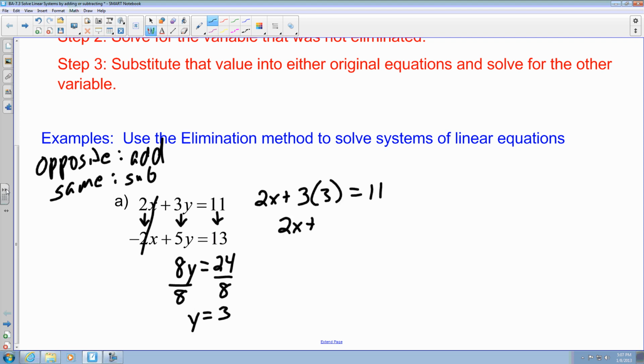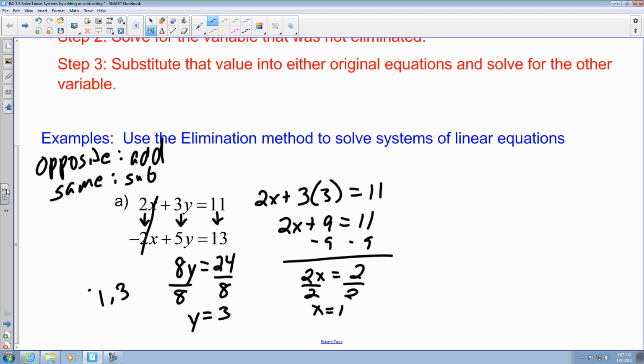So I got 2x plus 9 equals 11. I'm going to subtract 9 from both sides, which gives me 2x equals 2. 2 divided by 2, x equals 1. So my ordered pair here would be 1, comma 3.